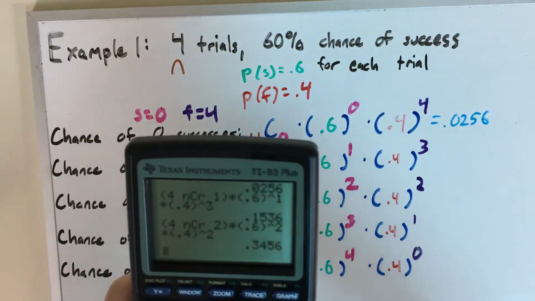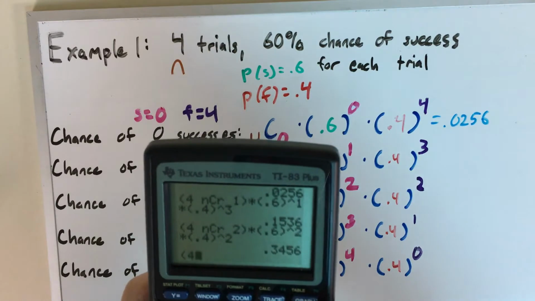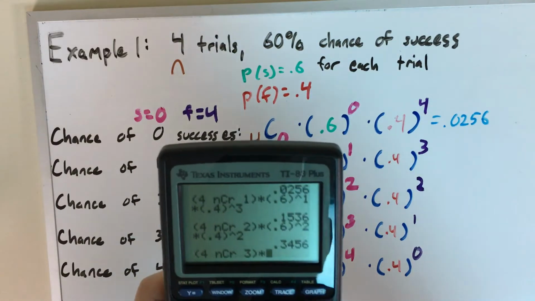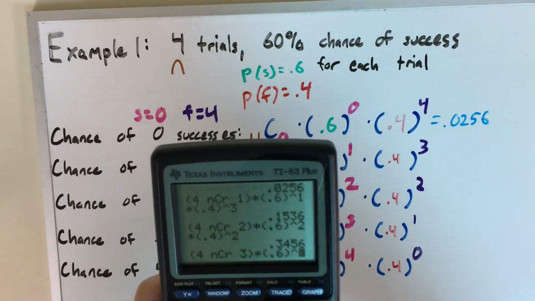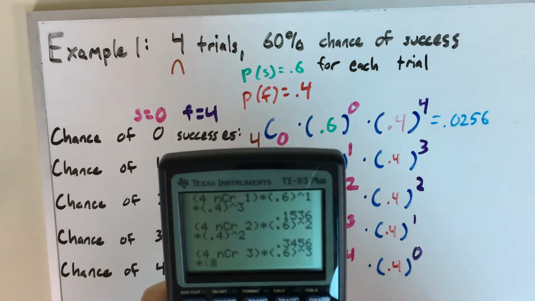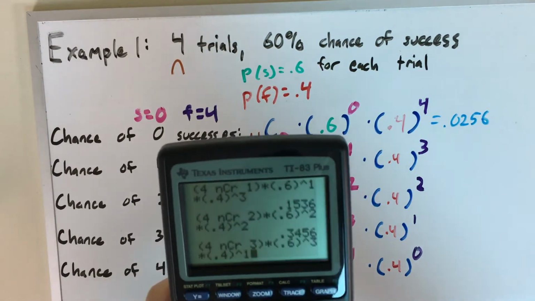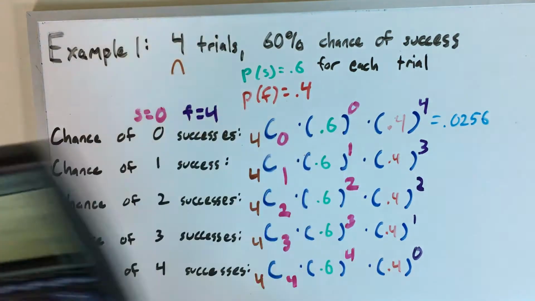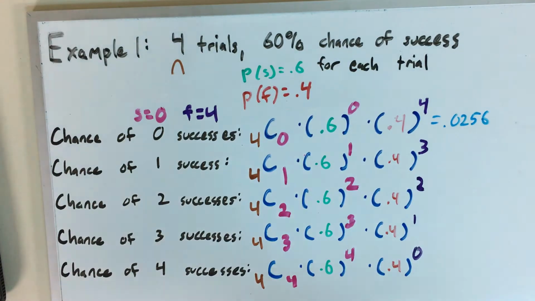And now for 3 successes, this is 4 choose 3 times 0.6 to the 3rd power times 0.4 to the 1st power, 0.3456 again. So I'm going to go ahead and write these down as I've got them.